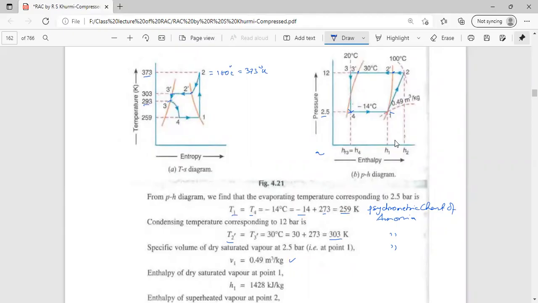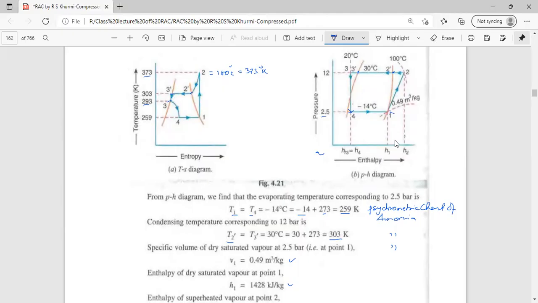It is 1421, the enthalpy of the dry saturated refrigerant at the outlet of the evaporator, at the inlet of the compressor, which is given as 1428 kilojoule. As it is situated on the dry saturated line, it is easily available by drawing the temperature line 259 rightwards, which will intersect the dry saturated line at 1 itself.